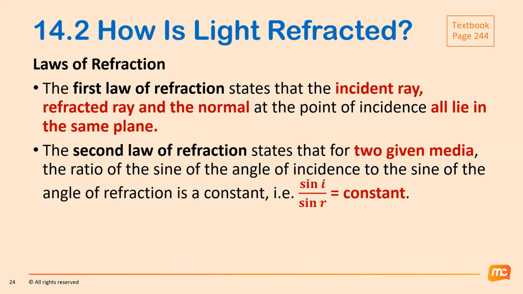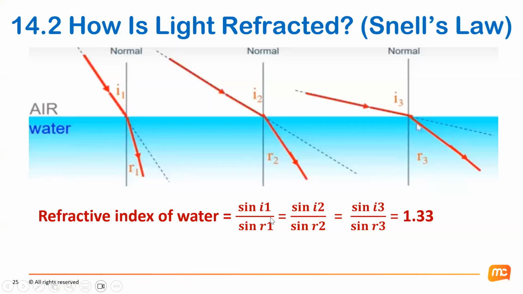The second law says that for two given media, the ratio of sine I over sine R will always be a constant. And this constant refers to the refractive index of a medium. I'll talk about that in depth. So we take a look at an example.